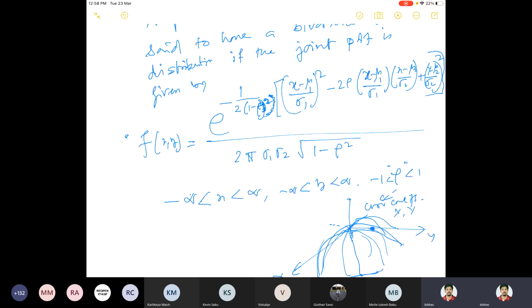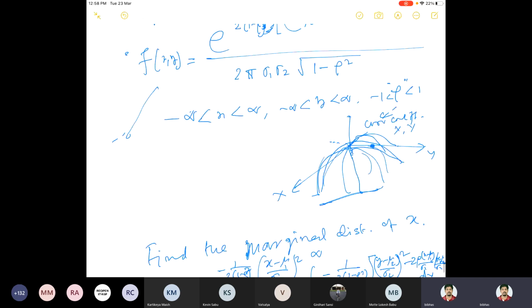Among these parameters, mu1 sigma 1, mu2 sigma 2, one can show that if you find the marginal distribution of x from this PDF and the marginal distribution of y, then they'll also follow normal, and the mean and variance of those marginal distributions are nothing but mu1 sigma 1 square for x and mu2 sigma 2 square for y.